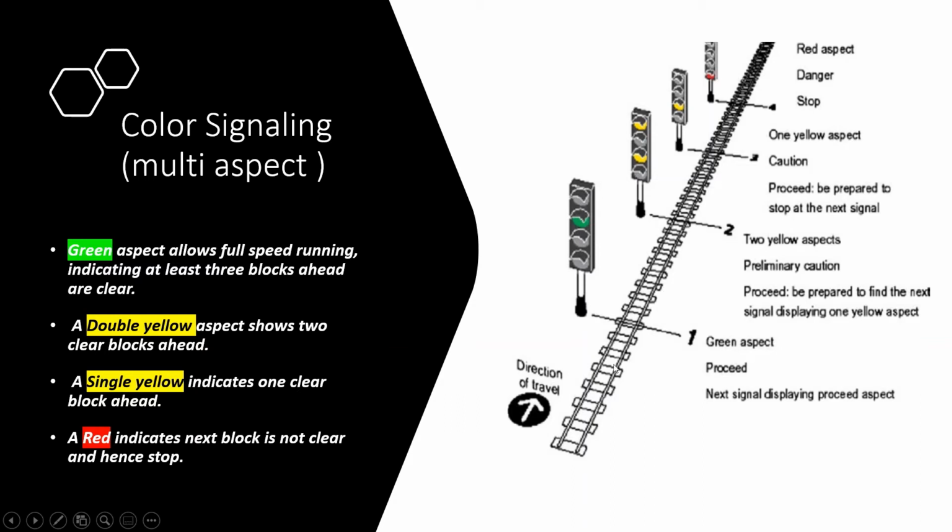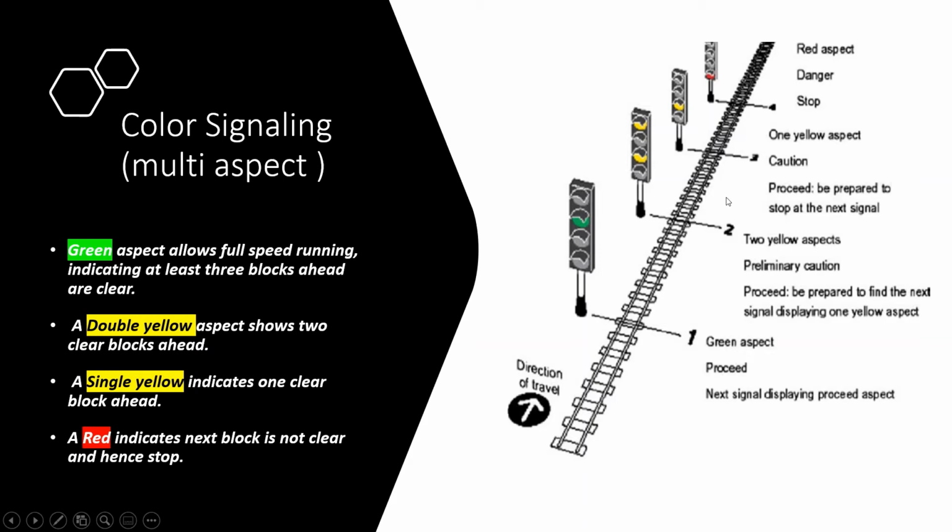But when he crosses section 1 and enters block 2, he would see two yellow lights, indicating that the double yellow light aspect shows two blocks are clear ahead. That is, while entering the block, you have to be cautioned that only two blocks ahead are clear, so that this acts as a preliminary caution for the driver.